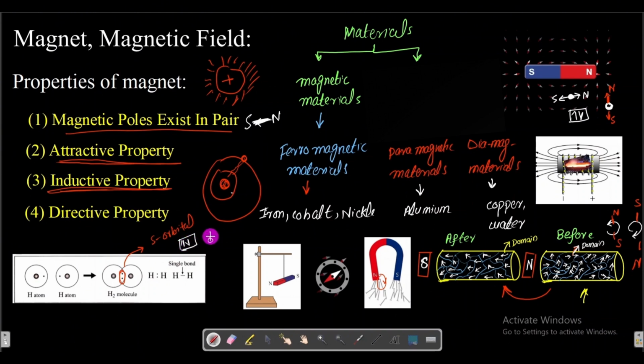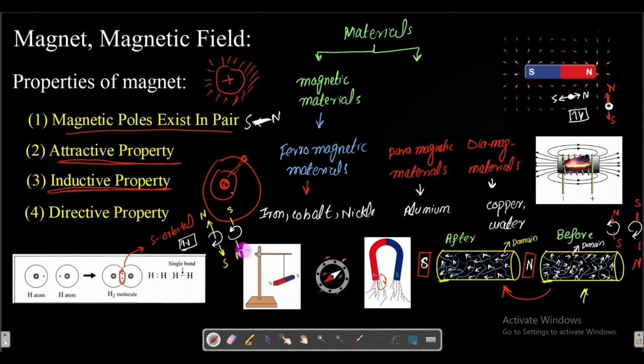One electron will spin, let's say, in the clockwise direction, and the other in the anticlockwise direction. If one is spinning clockwise, let's say this side will be the south and this side will be the north. Because the direction is opposite, here this will become south and this will become north.